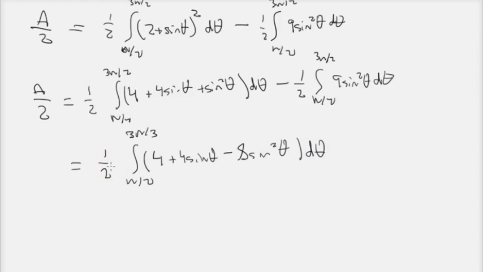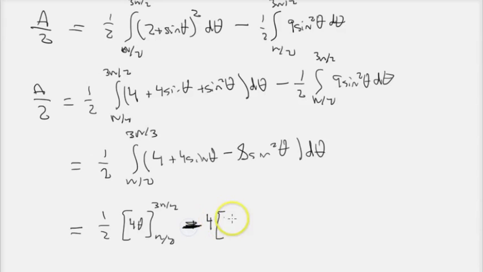So now we can integrate each part of this expression individually. We're going to keep this 1/2 out here. That 4, when we integrate it, we're going to get a 4 theta. So that's 4 theta between pi over 2 and 3 pi over 2, plus 4, and then we integrate sine. Well, the derivative of negative cosine is sine.